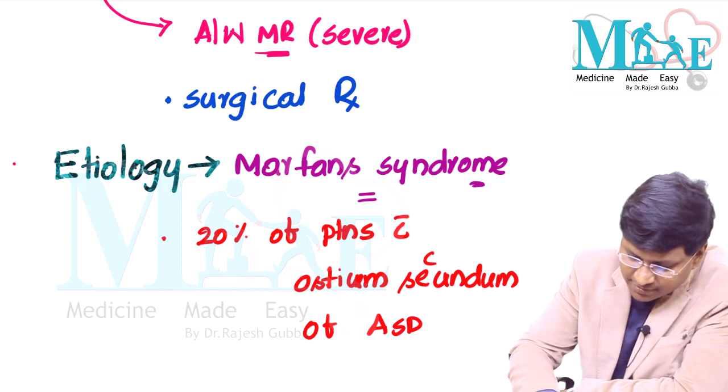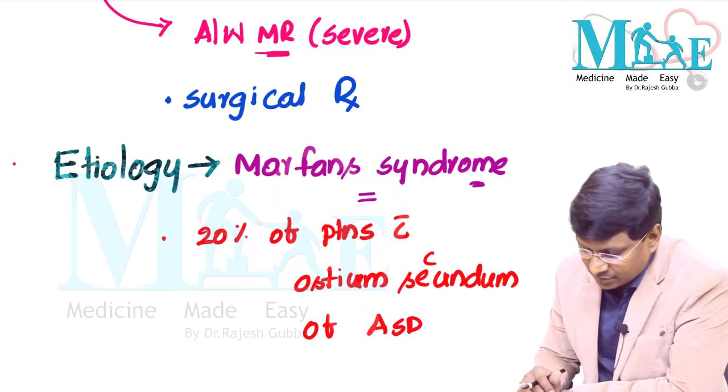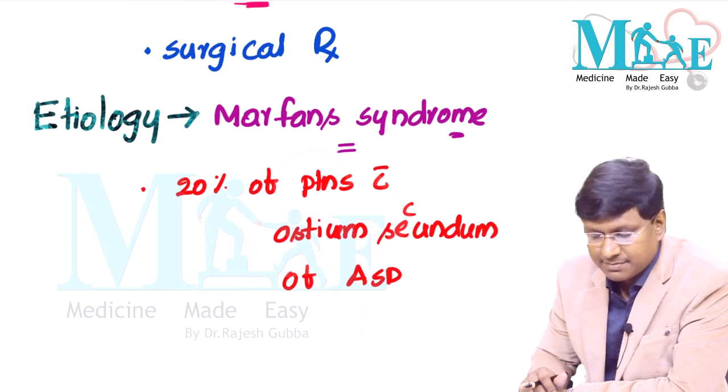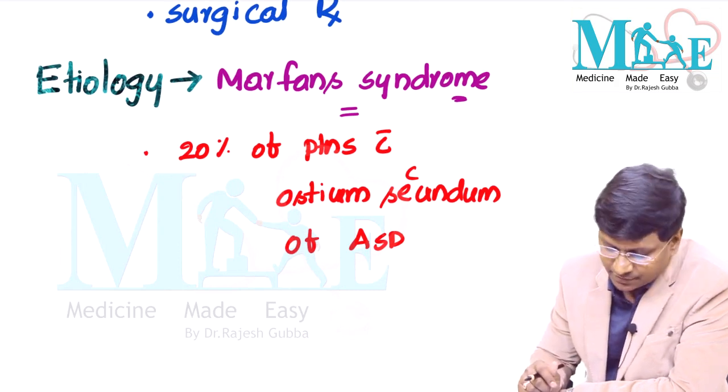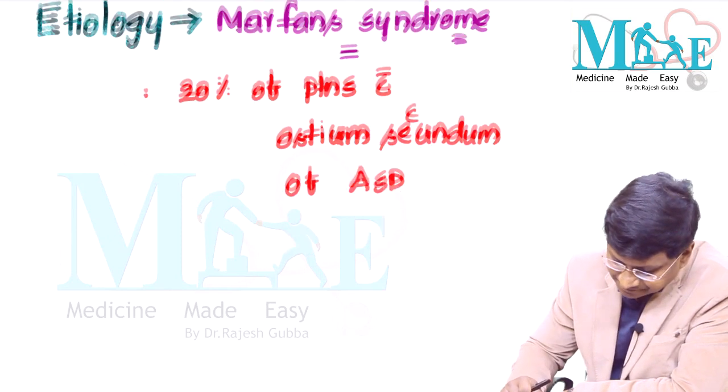So these are the two common clinical scenarios where you come across mitral valve prolapse. One is in Marfan syndrome, and 20% chances in case of the ostium secundum type of atrial septal defect.